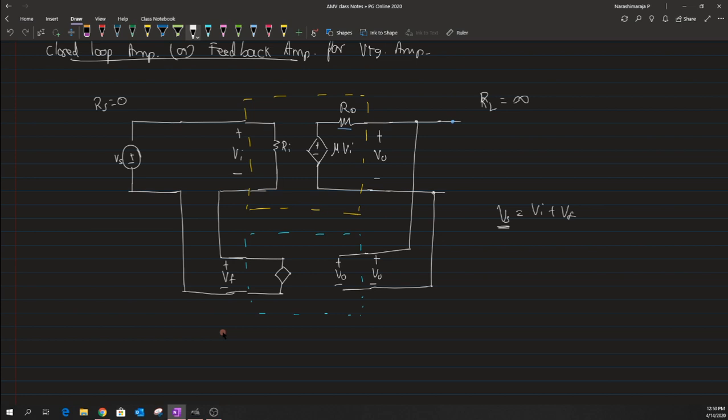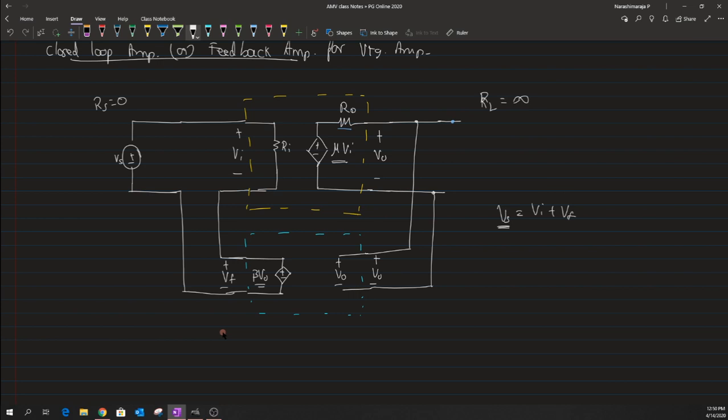So again, what we could model here is something like a voltage controlled voltage source, okay. However, we had a voltage controlled voltage source for the basic amplifier, we also have a similar voltage controlled voltage network for the feedback amplifier, okay.